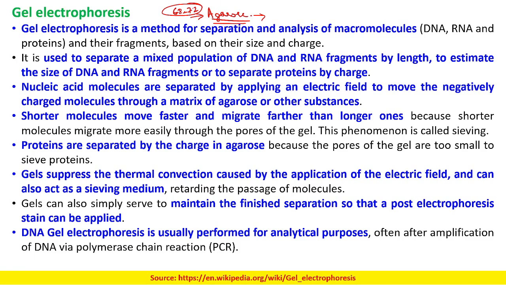Now, how do we prepare this agarose polymer? It is taken in double distilled water or deionized water at a temperature of, say, 40 degrees centigrade. At that temperature, the agarose gets dissolved in water. Then there are gel casting systems where you cast the gel.